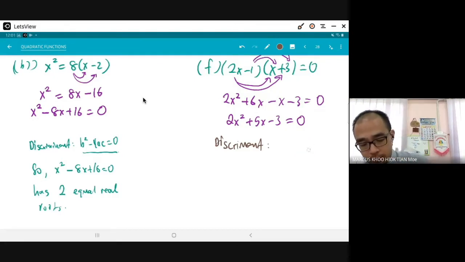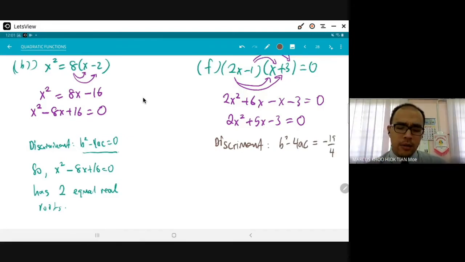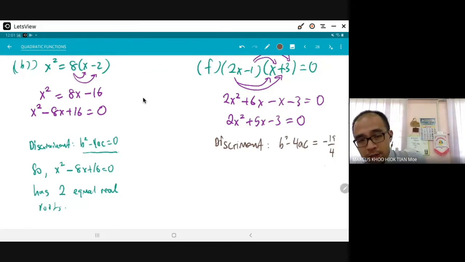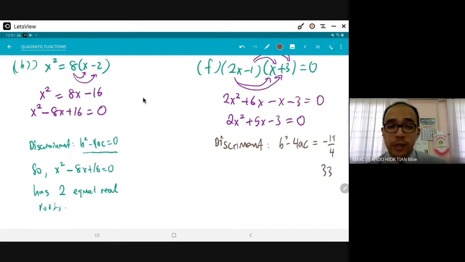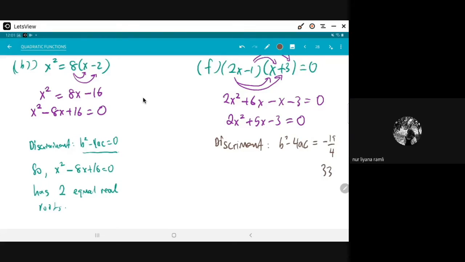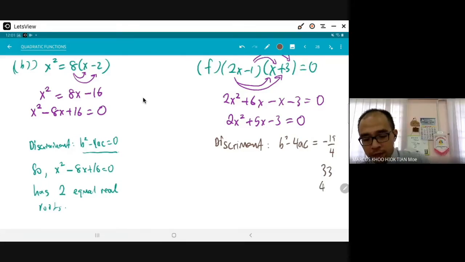B squared minus 4AC, when you calculate, you will get negative 19 over 4. Really? Doesn't seem like Fikri. How did you get over 4? Okay, Sandra got positive 33. Sophia got 49. Somebody got 38. Hello. How many answers are there?